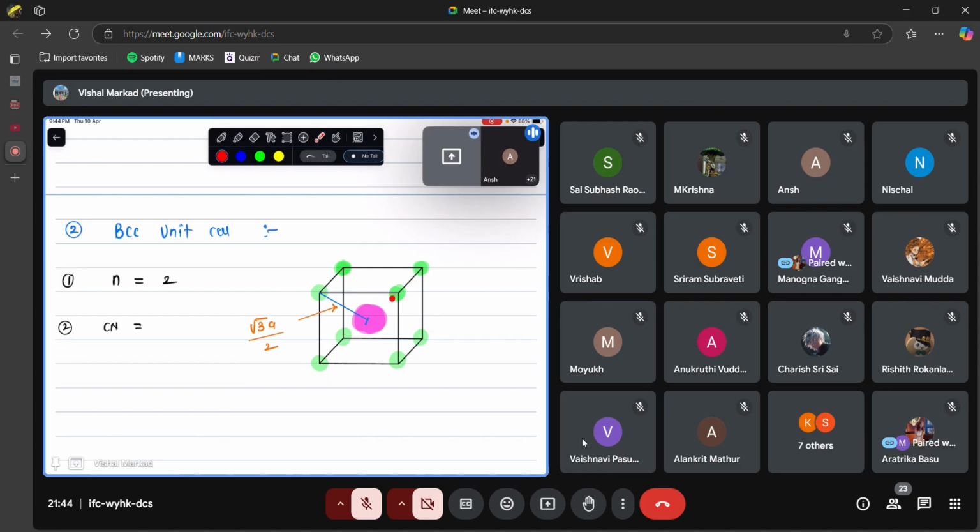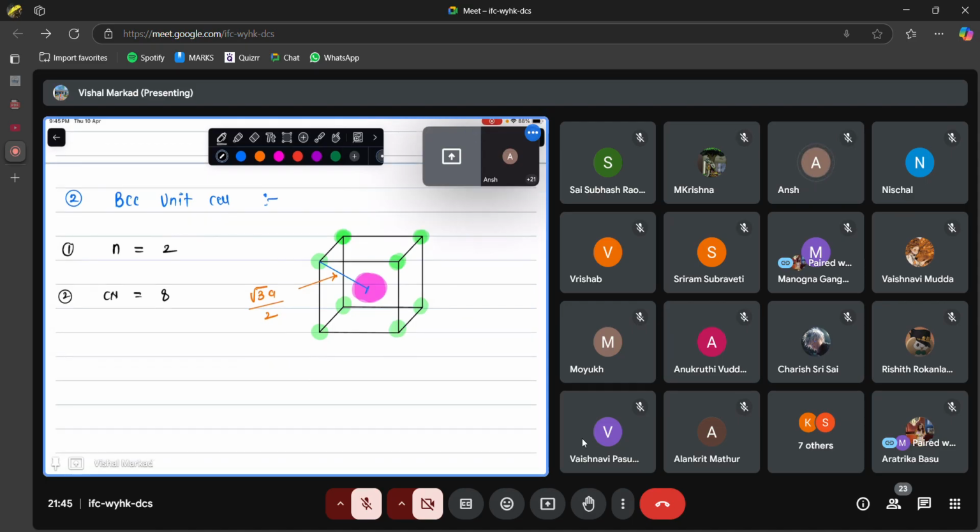See here, this is one, this is second. From here to here also same distance. Let's say you are standing at the center of that room. All 8 corners will be at the same distance, root 3a by 2. So what is the coordination number then? 8, right?